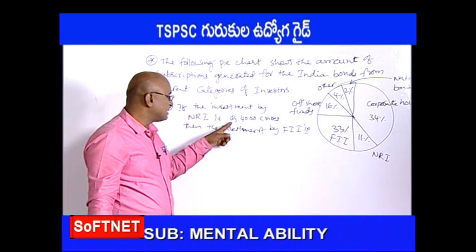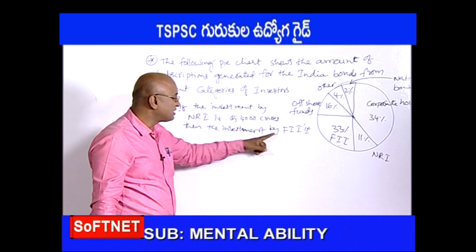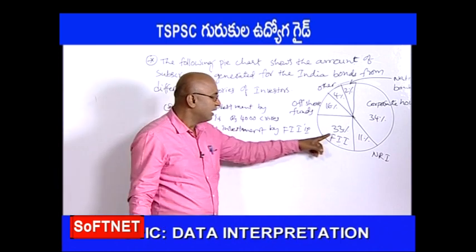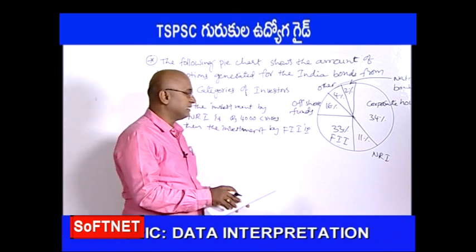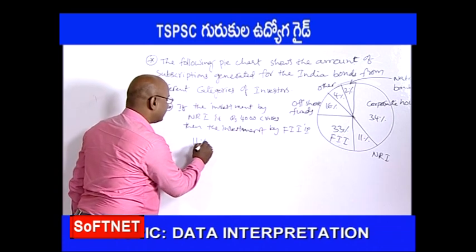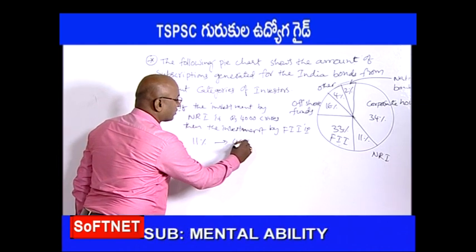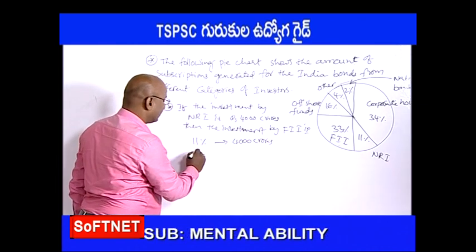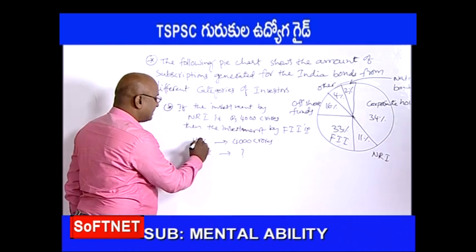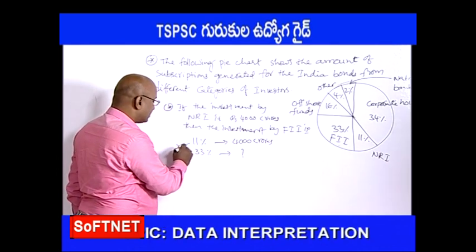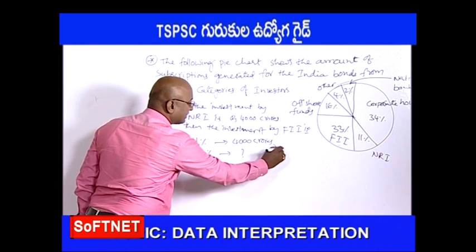If 11% is 4,000 crores, then the investment by FIIs, whose share is 33%, how do we calculate this? If 11% is equal to 4,000 crores rupees, then 33% is how much? It is increased 3 times, so similarly it also has to be increased by 3 times.